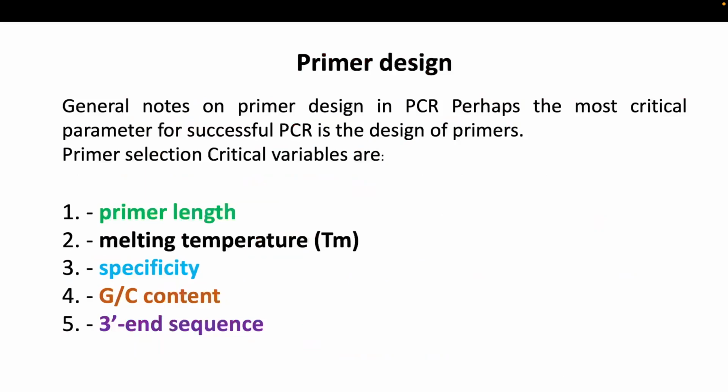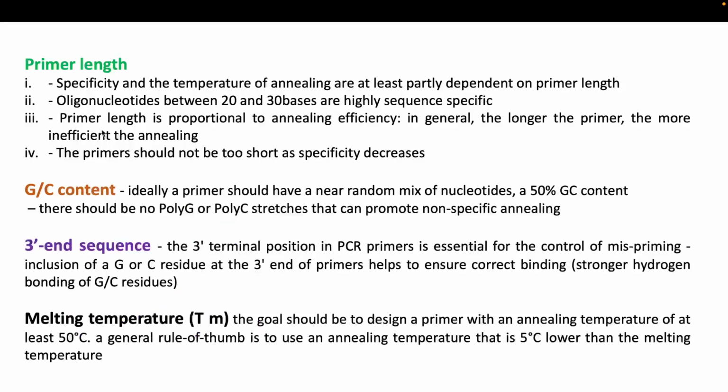Then there are different things we have to consider while designing the primer. First is the primer length, second is the melting temperature, third is the specificity, fourth is the GC content, and fifth is the 3' end.